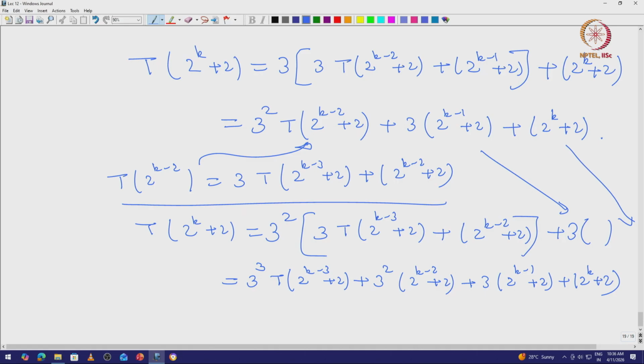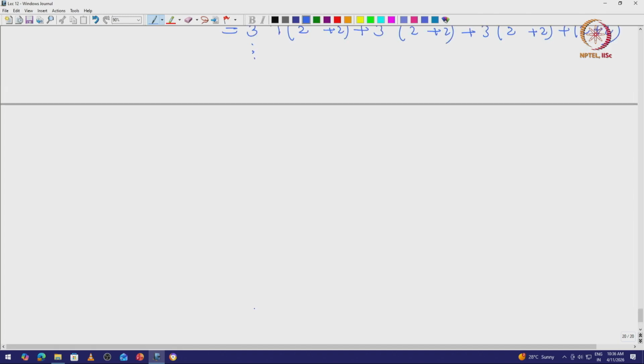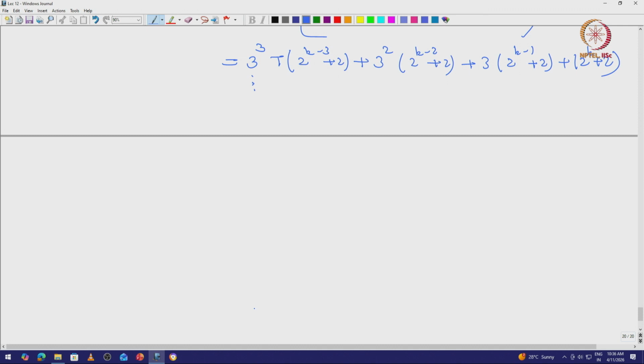In the kth term, if you go down, you will get 3^k t of 2^(k-k) + 2, plus, when you have 3^k as the first term, the next term will be 3^(k-1), and they add up to k.